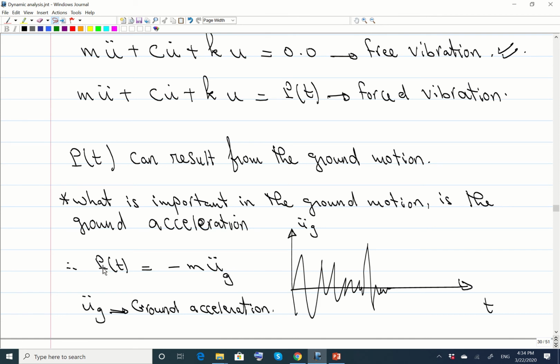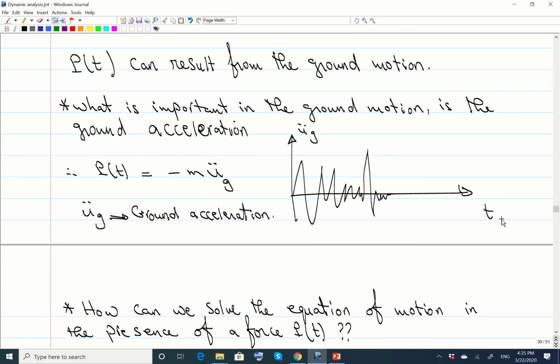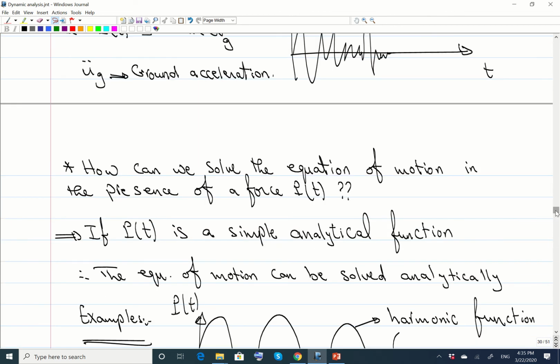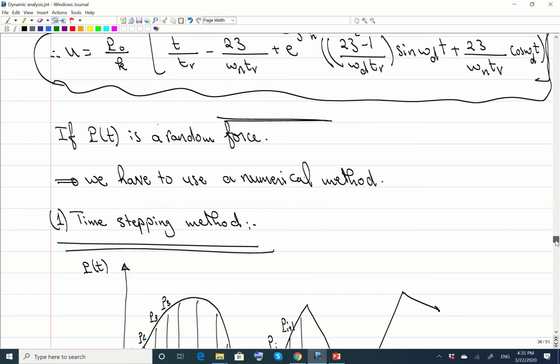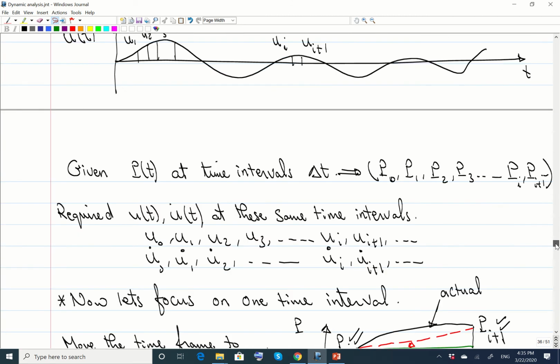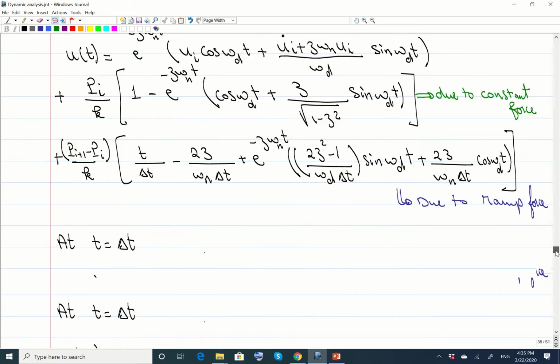You just multiply this by the mass of the structure, minus m multiplied by U double dot G, and you find the force. Once you find the force, you put it over here. You have the forces.